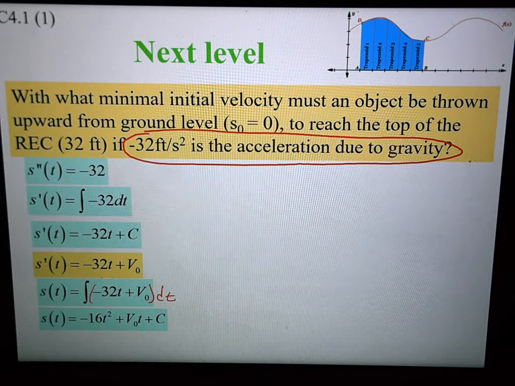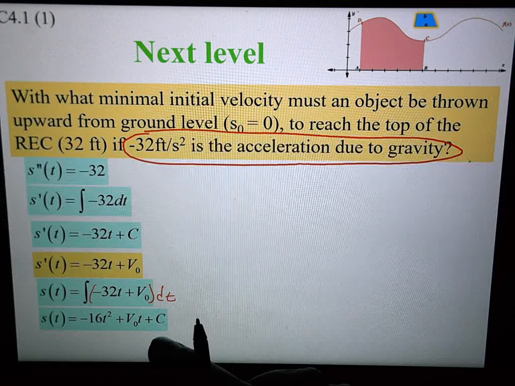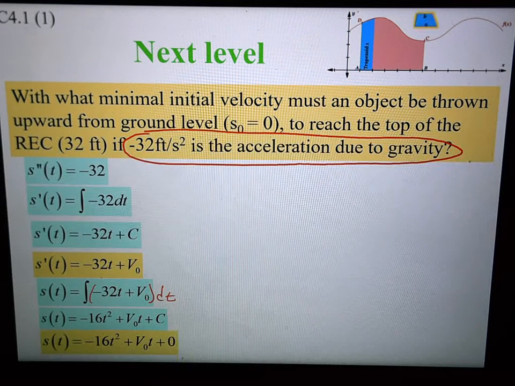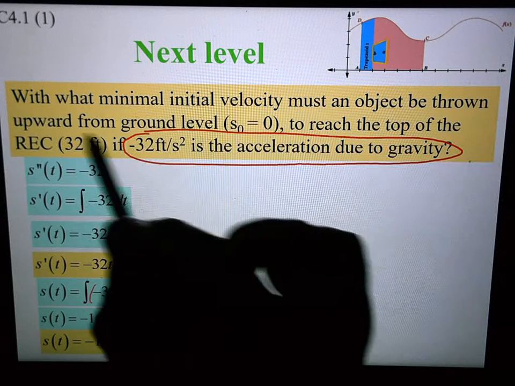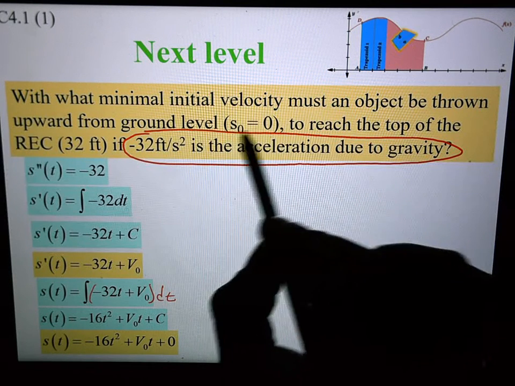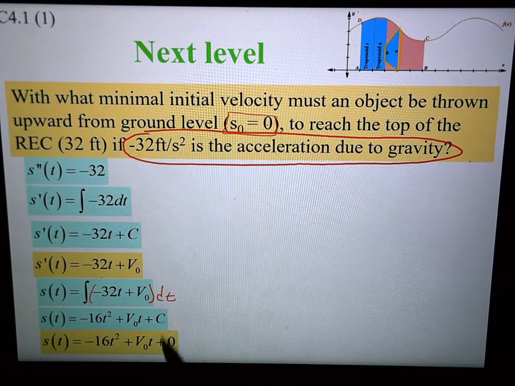I'm going to rename this something different too. This is s sub 0. This is our starting height. If I'm shooting an object from ground level, then our starting height has to equal 0. So I can plug in 0 for that particular thing.